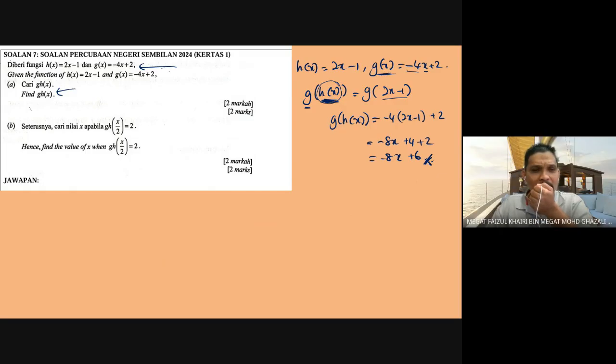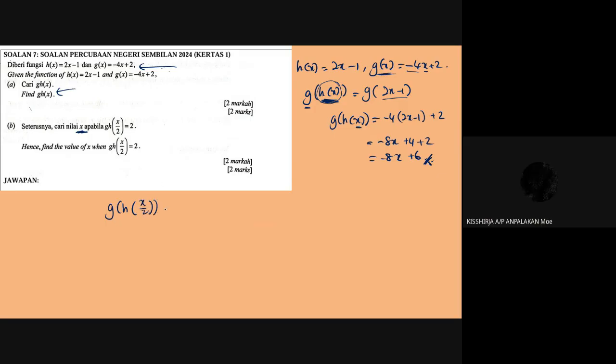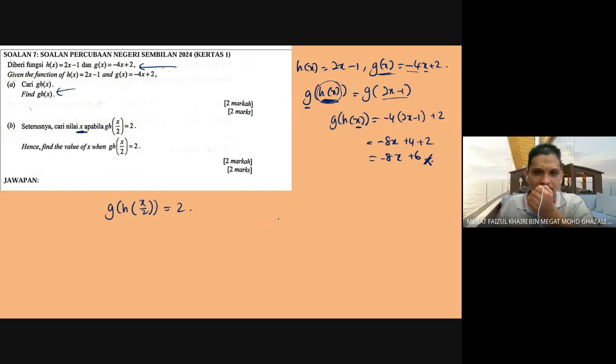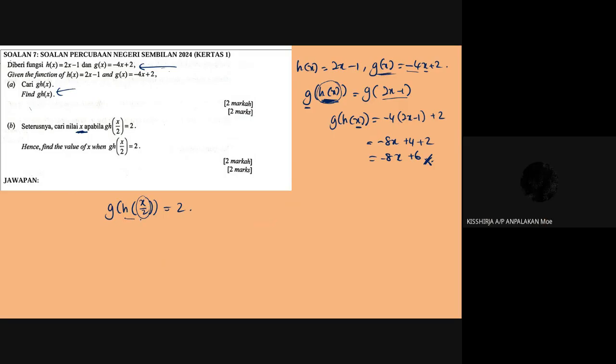And then find the value of x when gh(x) is... we replace x with x over 2 equal to 2. So substitute x over 2 into h(x).